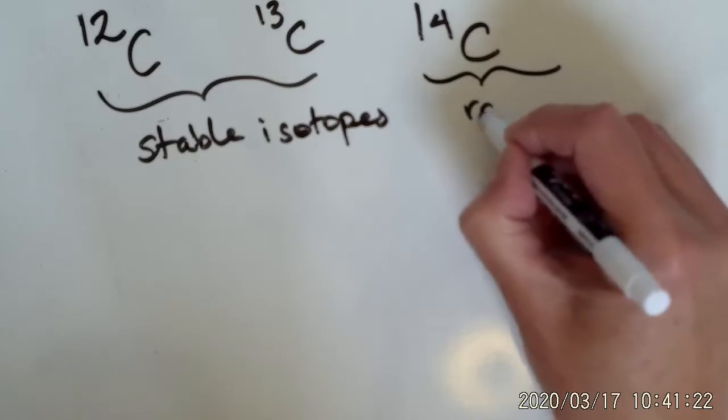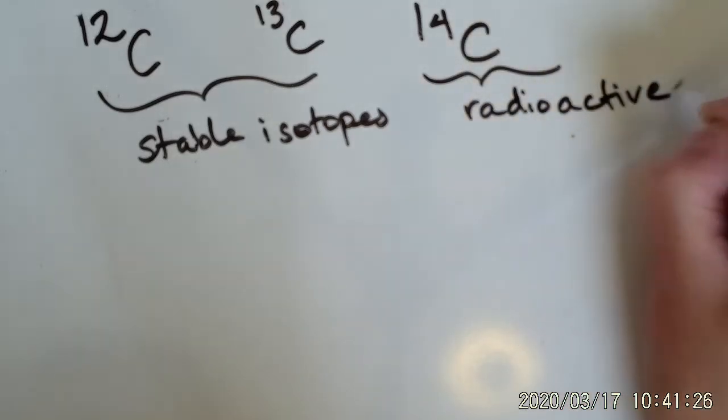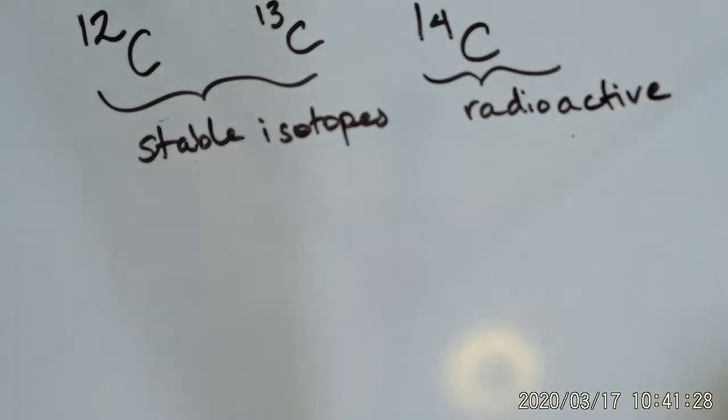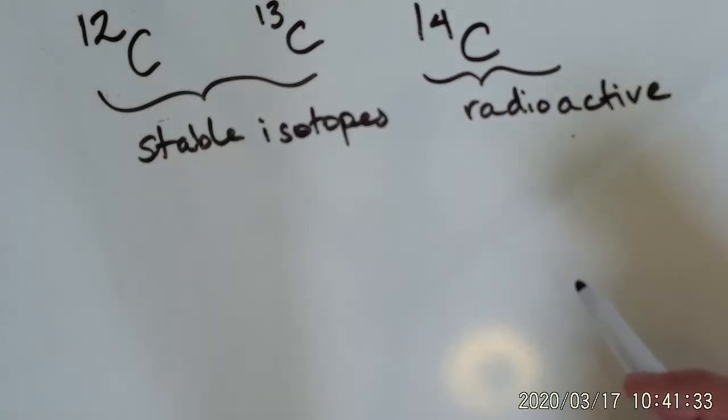Carbon-14 is radioactive. So, how can we understand why these are stable and why these are radioactive?